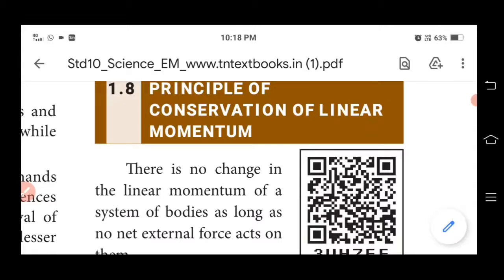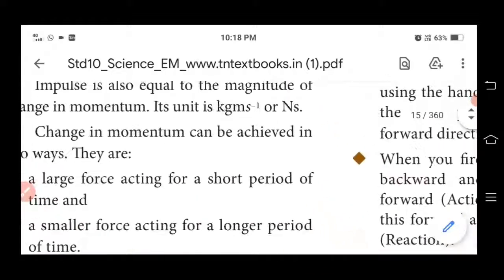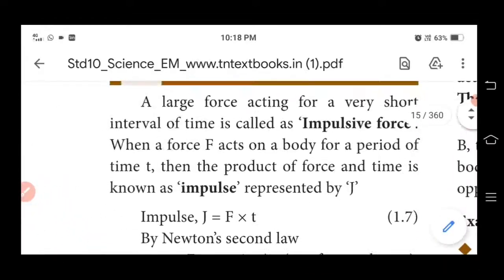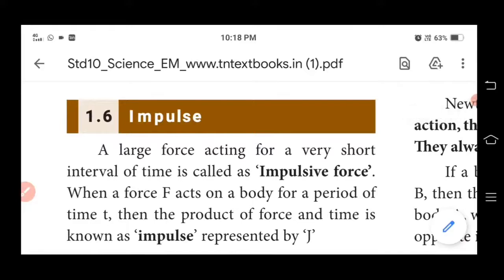Let me once again recall shortly about impulse. So what is impulse?